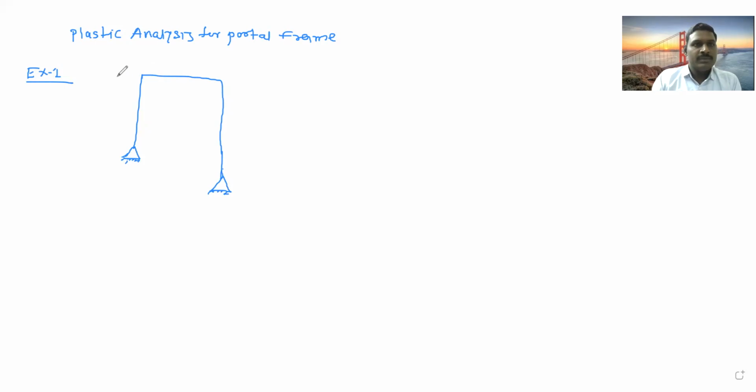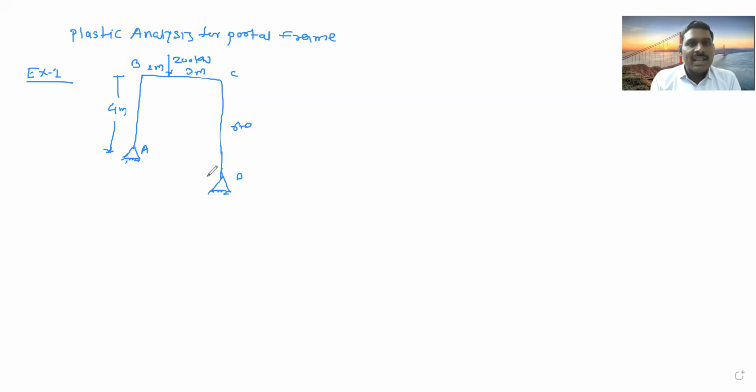It has a 4 meter height of this AB column and a 6 meter height of the CD column. Sorry, CD column. And on this span BC, there is a load of 200 kilonewton. This is a 2 meter distance and this is a 3 meter distance. So this is your frame.